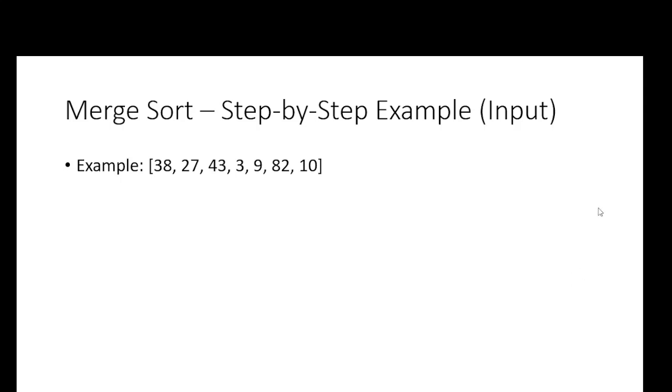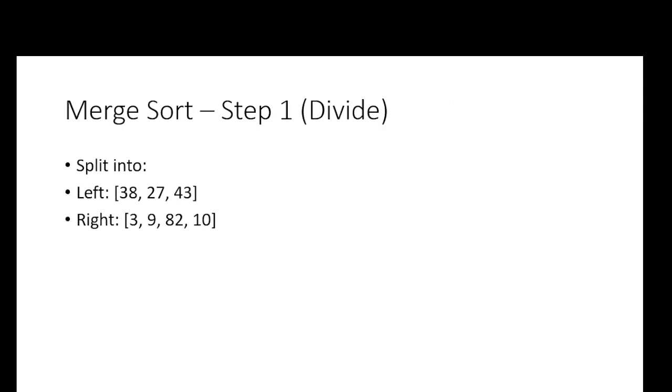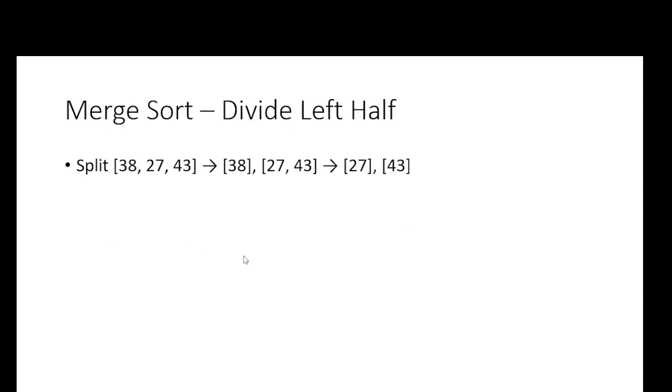Let us take this array: 38, 27, 43, 3, 9, 82 and 10, which gets split like this. 38, 27, 43 gets further split like this. So basically the idea of splitting is, when I call the merge function, it merges in sorted order.